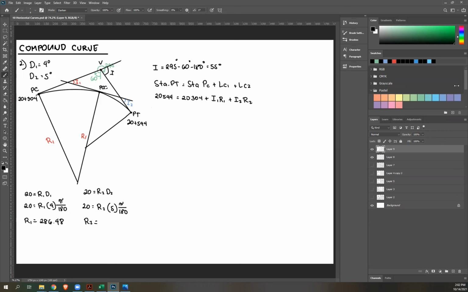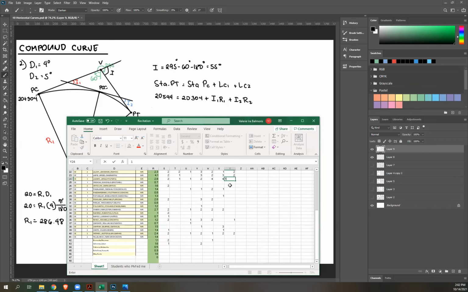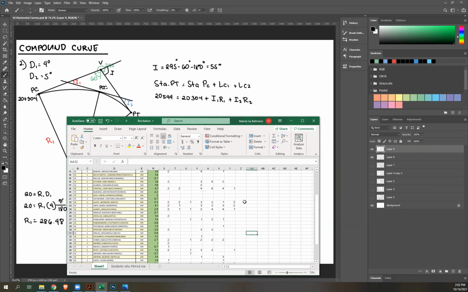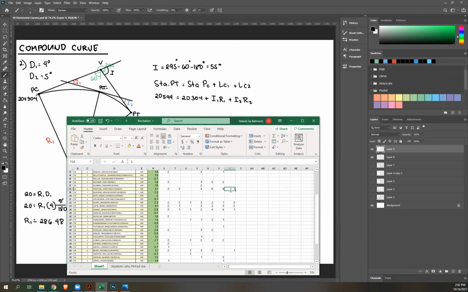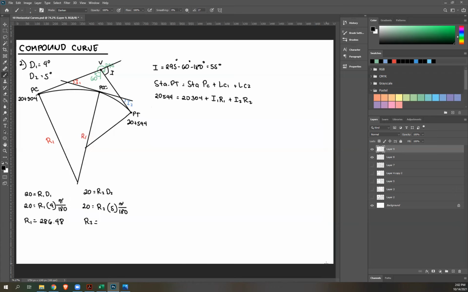Correct. John and Denzel Lahong Crystal. It's 229.18.